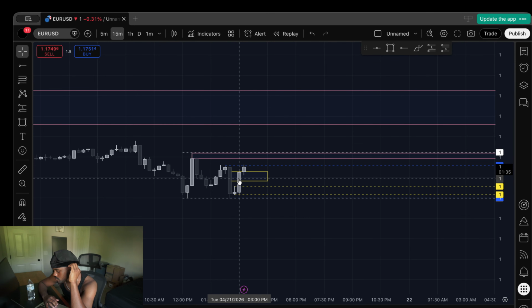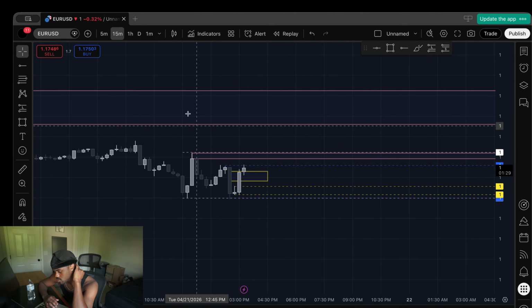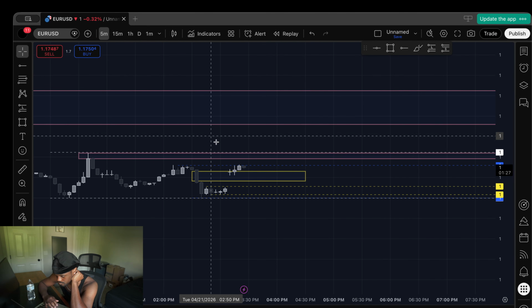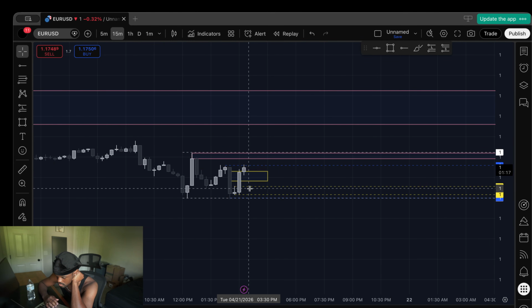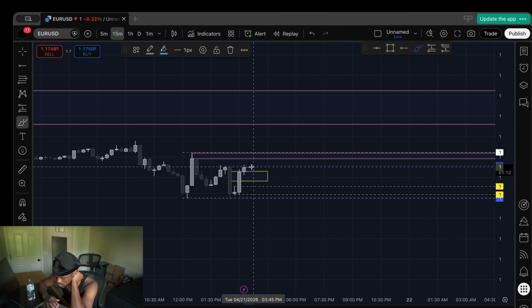I'm just hoping this 15-minute doesn't close without... I mean, it's going to, and there's going to be a fair value gap here. It's almost inevitable. I'm just hoping it'll keep pushing instead of coming back. But if it does come back, then I mean, I might just have to wait on it. Because what I'm thinking is about to happen is price is going to sit here for a second.